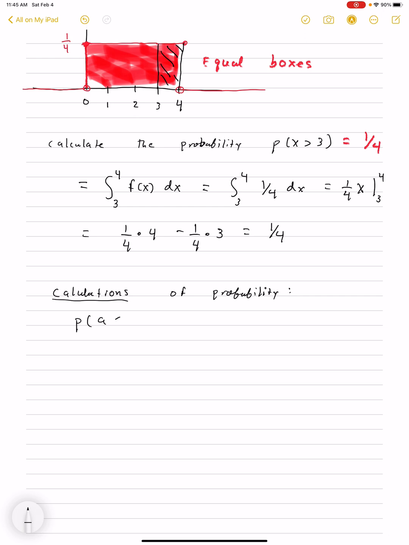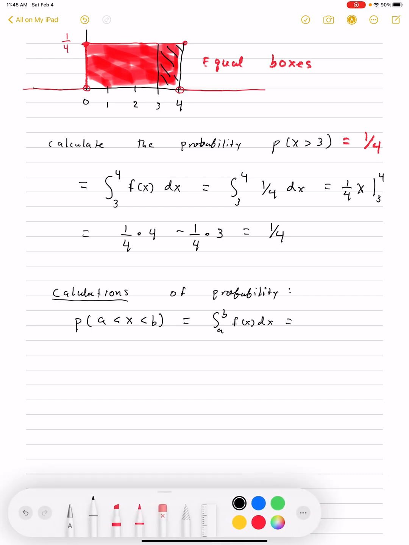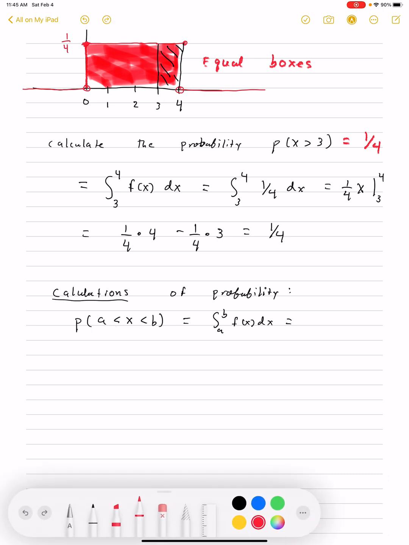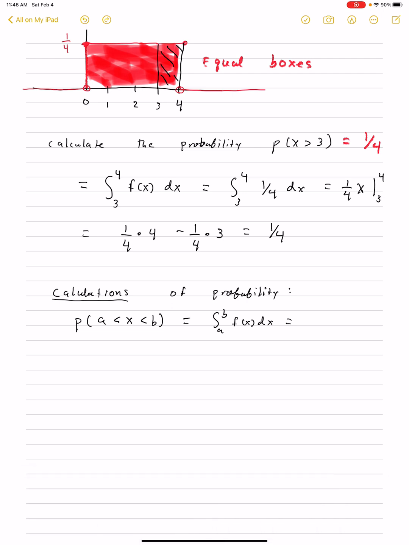Probability x is between a and b is given by the integral from a to b of f of x dx. And one thing that I notice is, it doesn't matter if I include less than or equal to or not there. It's still the same probability. I.e., probability of a point is 0.